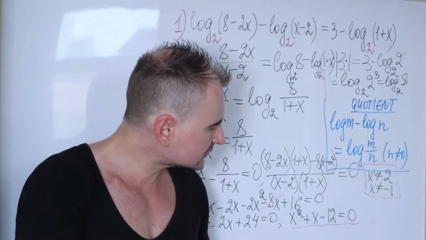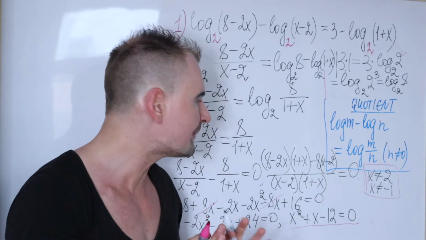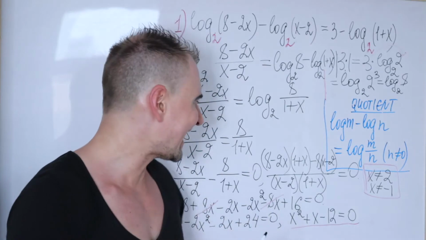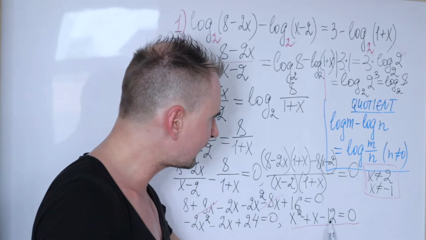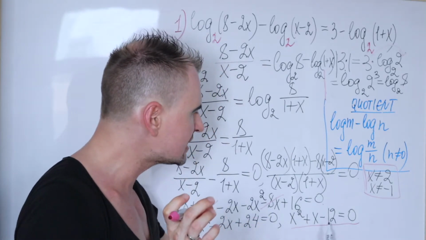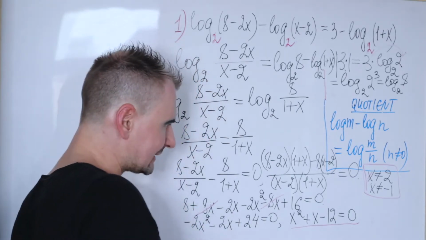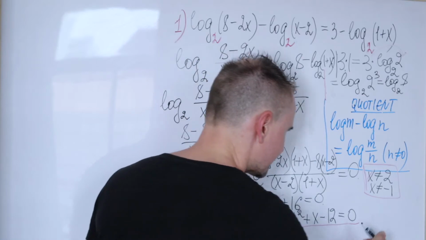You could check it out, but the good rule of thumb, you are looking for two numbers, their product gets to -12 and their sum is 1, they add up to 1, and it's going to be 4 and -3, these two numbers.